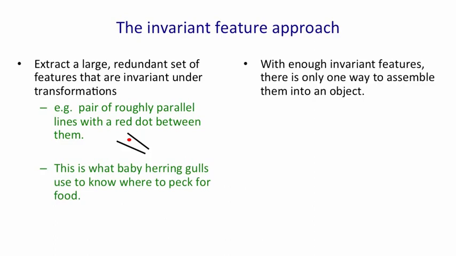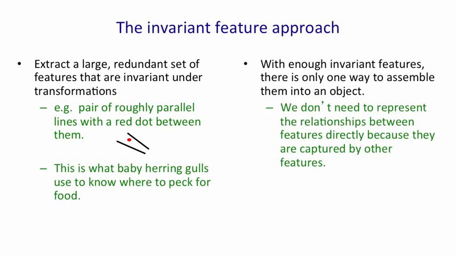With enough invariant features, there's only one way to assemble them into an object or an image. You don't actually need to represent the relationships between features directly, because those relationships are captured by other features. This has been pointed out for strings of letters by a psychologist called Wayne Wickelgren.